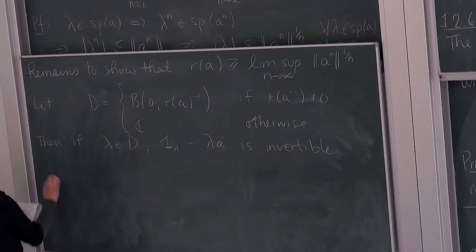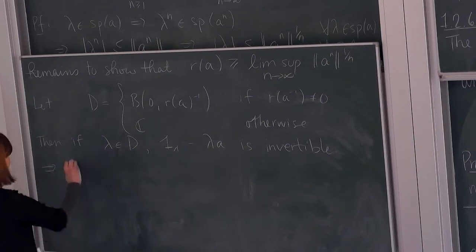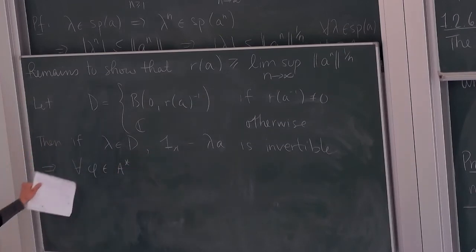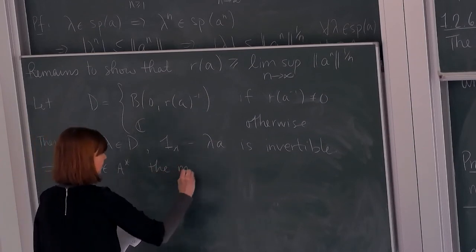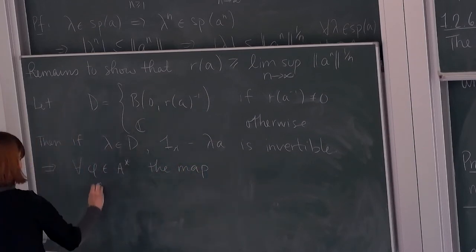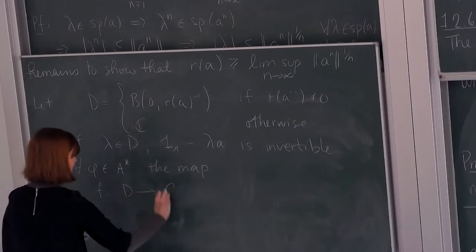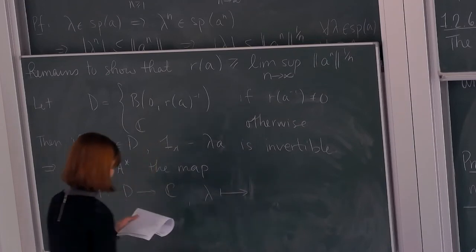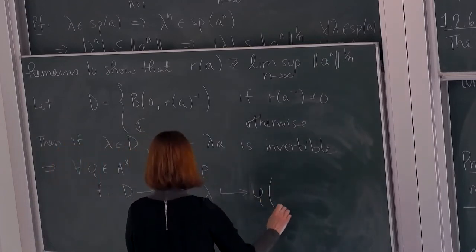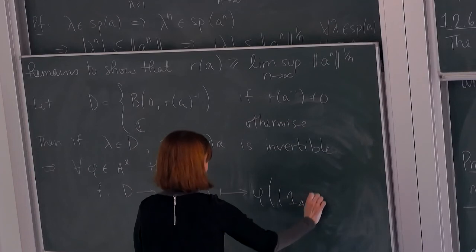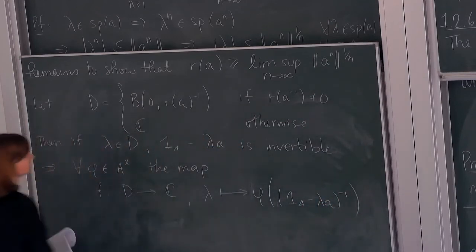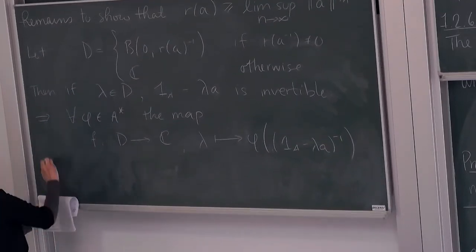Okay, so this implies that for every continuous linear functional phi, the map f from D to C, which sends lambda to phi of (1 minus lambda A) inverse, is analytic.